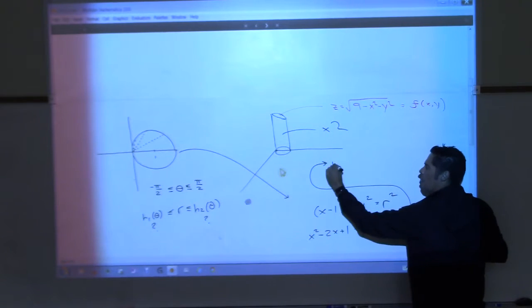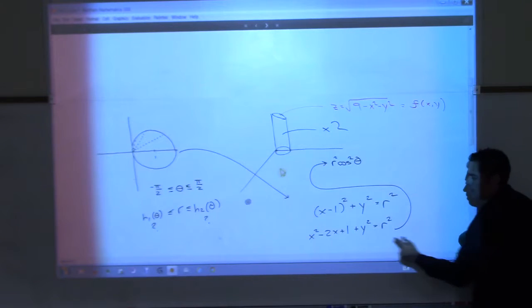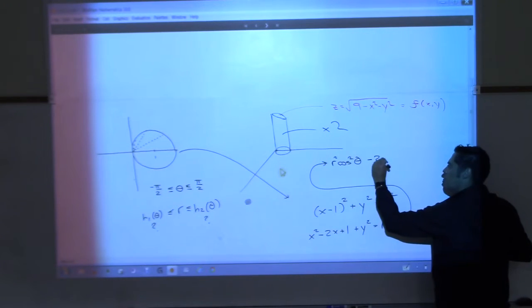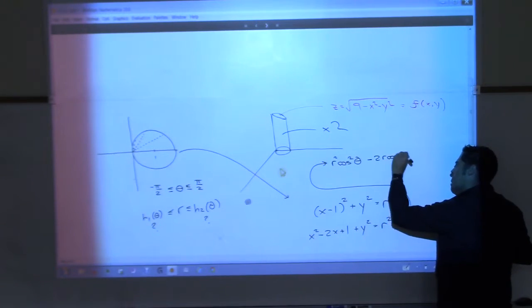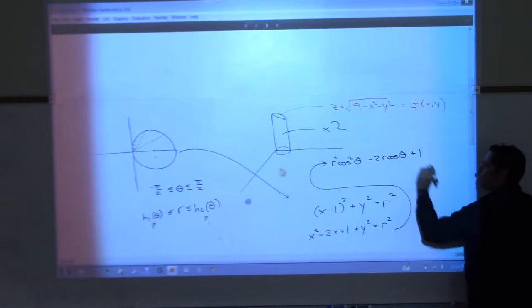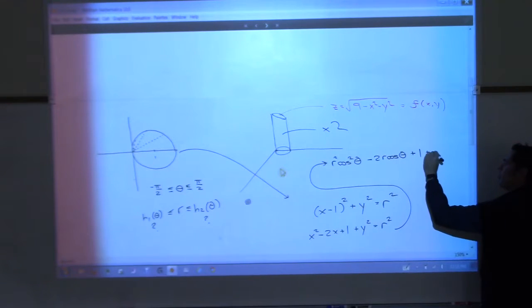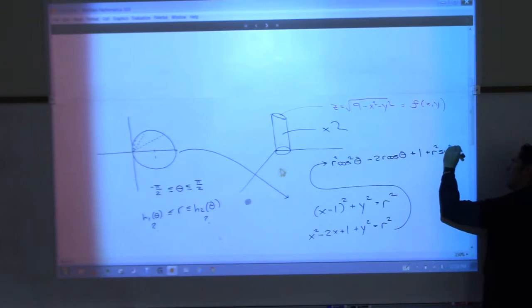This becomes r squared cosine squared theta, right? This becomes minus 2r cosine theta, then plus 1. And then this becomes plus r squared sine squared theta.